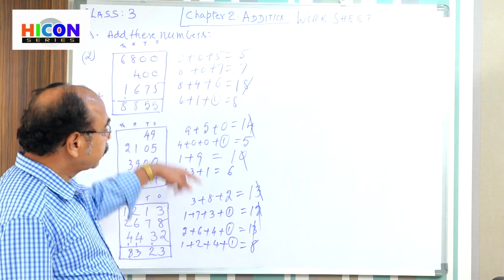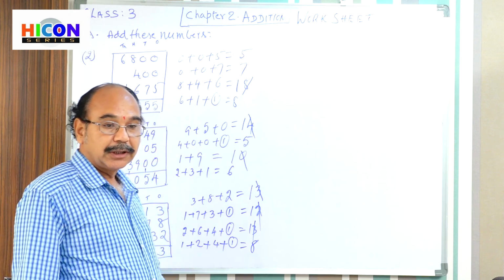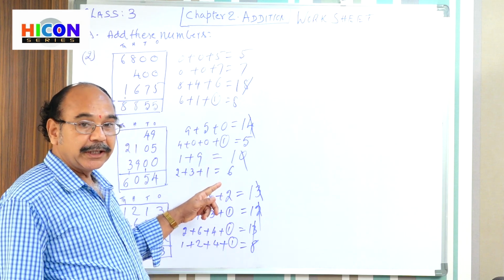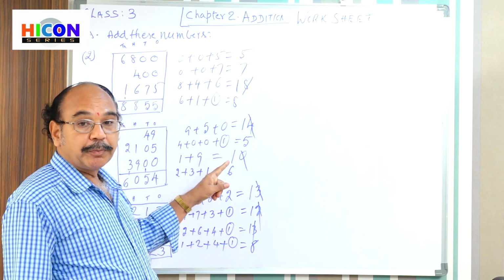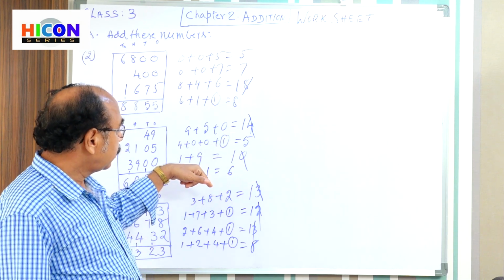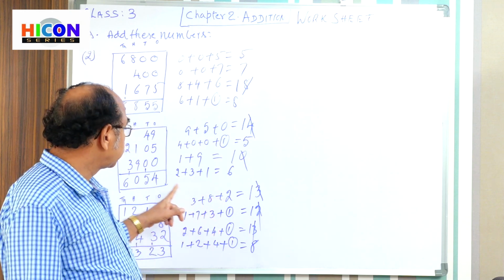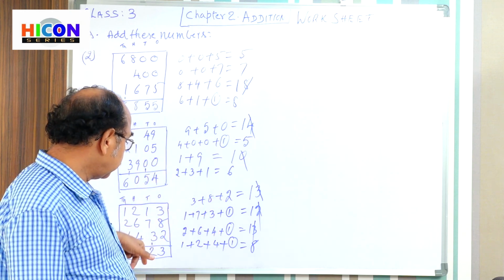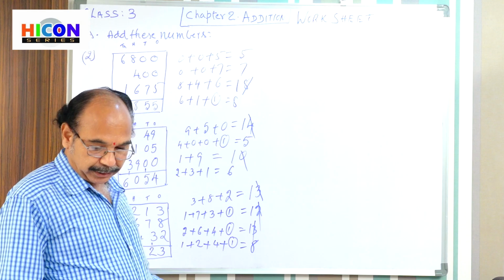Like this, we add the numbers. Wherever regrouping is there, that regrouping part we should do separately in the margin and write the numbers in the related places and you can show the addition.